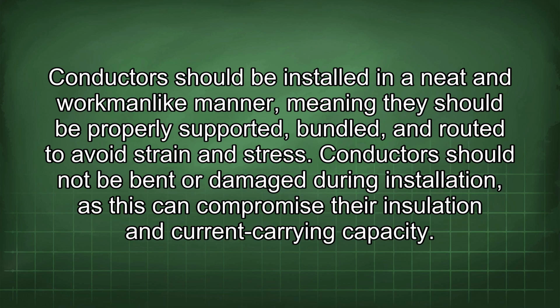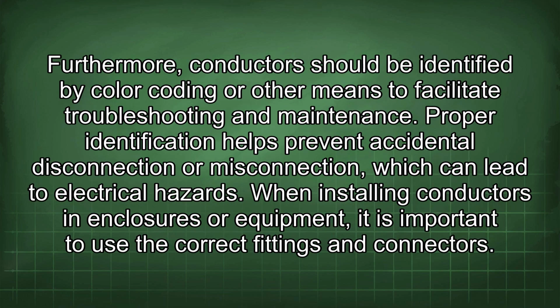Conductors should not be bent or damaged during installation, as this can compromise their insulation and current carrying capacity. Furthermore, conductors should be identified by color coding or other means to facilitate troubleshooting and maintenance. Proper identification helps prevent accidental disconnection or misconnection, which can lead to electrical hazards.